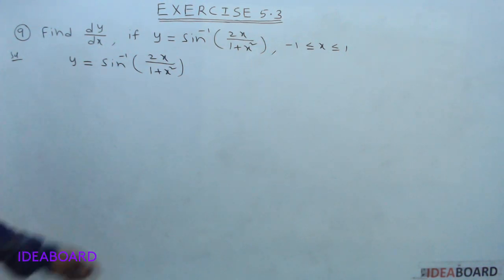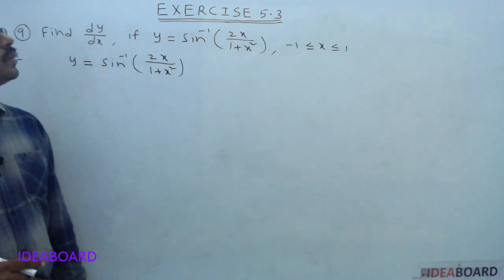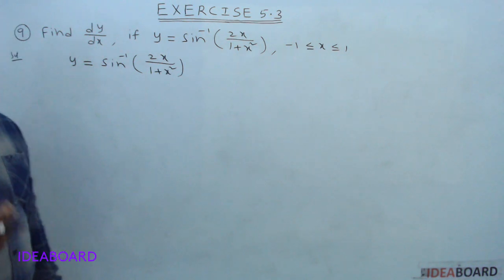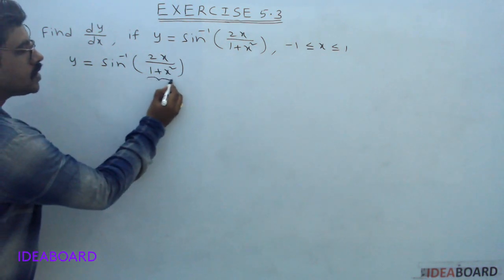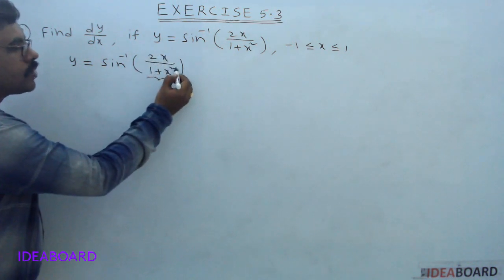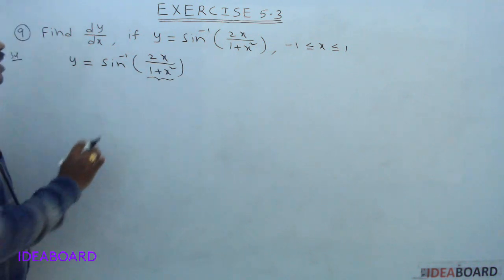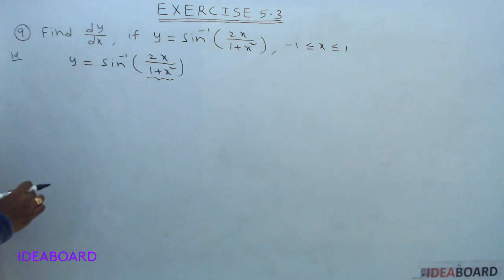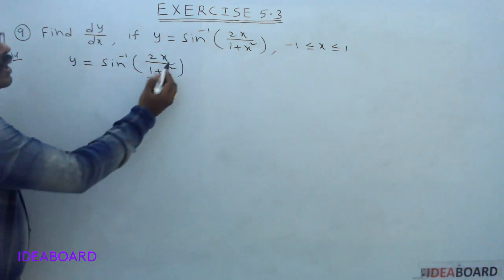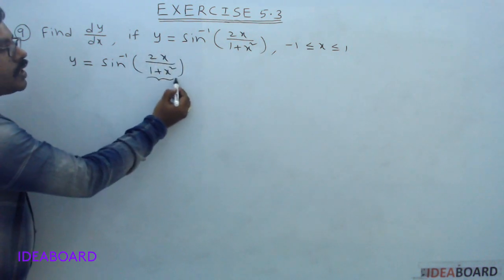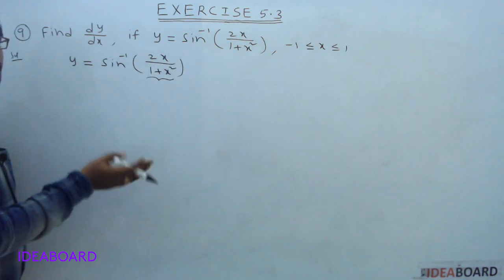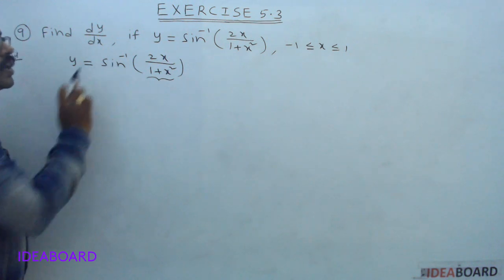Now, how to handle this type of problem? Try to convert this expression, 2x by 1 plus x square, in terms of the sine function.